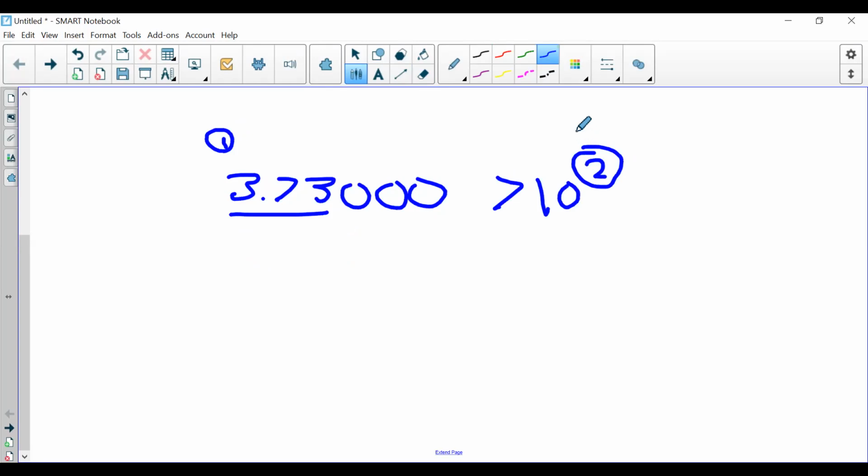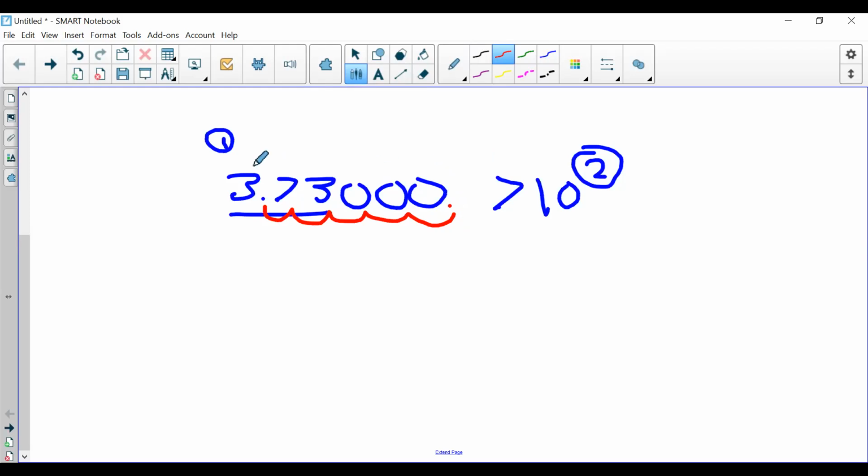Step 3 is to count the number of places you would have to move the decimal. Just to show you, this is where the original decimal is, at the very end of the number. You have to determine the number of jumps it takes to get to your coefficient's form. So let's count 1, 2, 3, 4, 5.